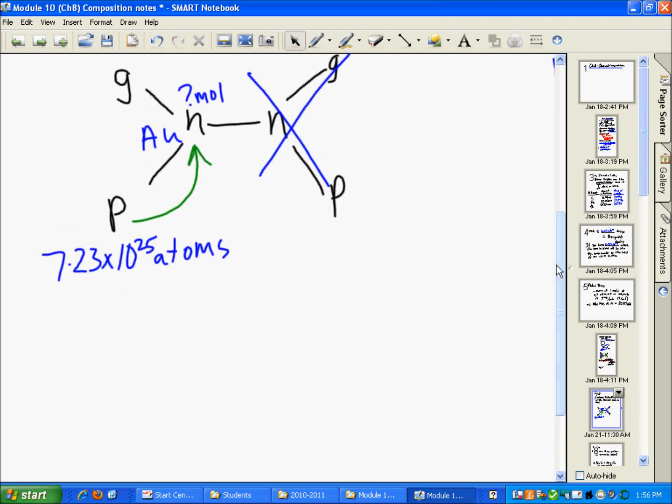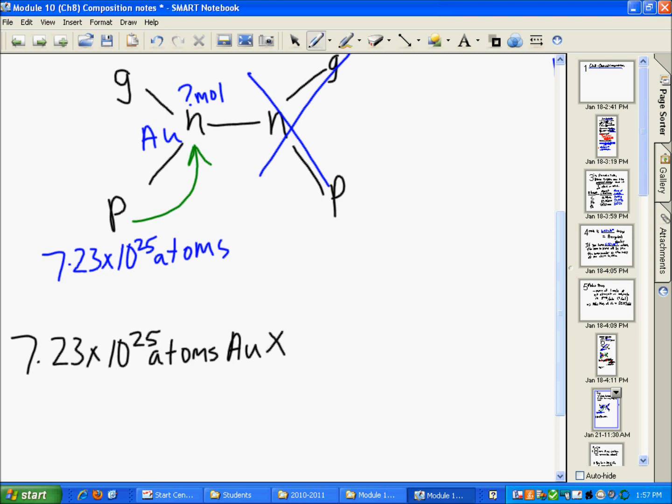We're starting with our 7.23 times 10 to 25 atoms of Au. That's the symbol for gold. It's 1 step, so we just need 1 line. And our target is mole. So the unit that we should have on our answer should be in moles.